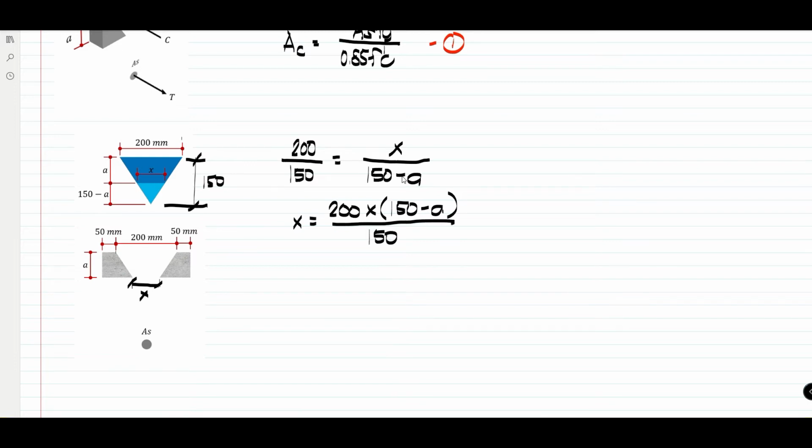And simplifying this term, we could get a value of X equivalent to 30 times 10 cubed minus 200A over 150. And this is our equation number 2 for the value of x. Now, since we have now the value of x, we can now proceed in getting the area of the concrete na natira.